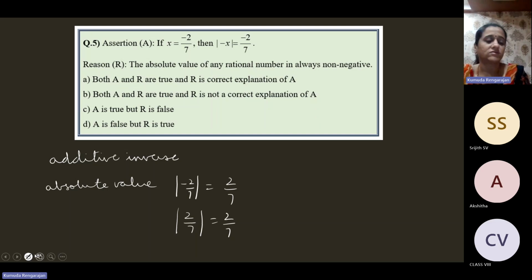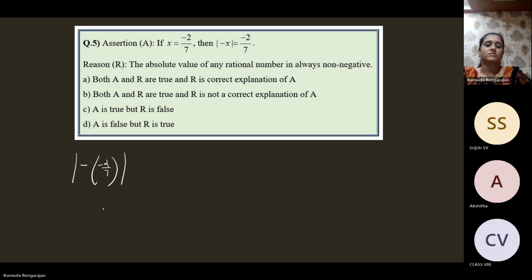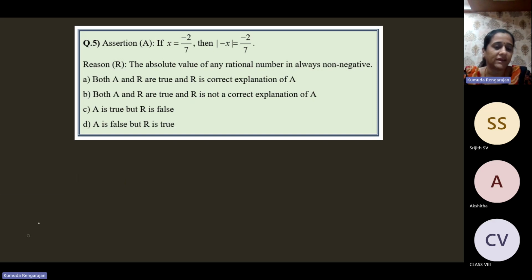That's it. Discussion closed. Now, the assertion statement says the absolute value of minus x. See here, minus x. What is x? Minus 2 by 7. See, I'm writing it again.